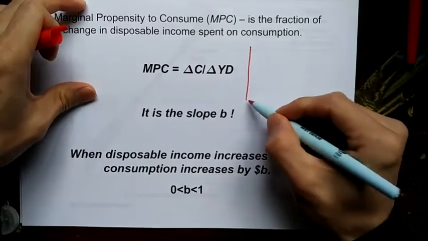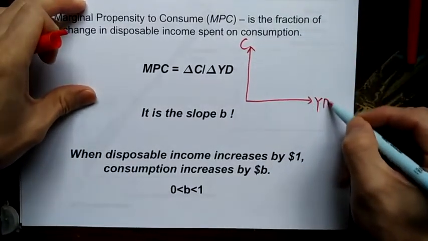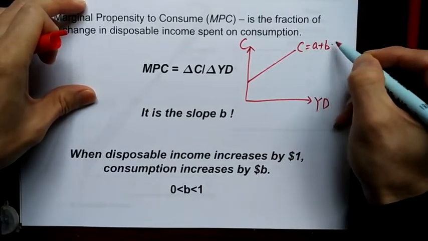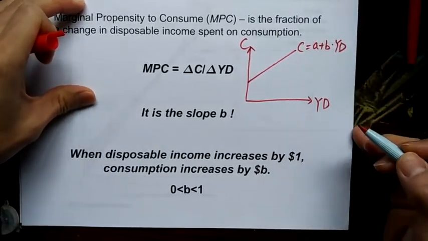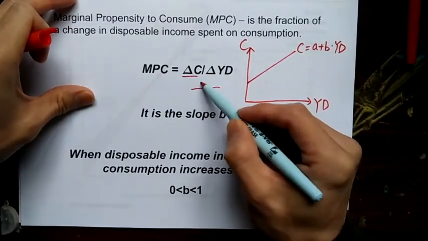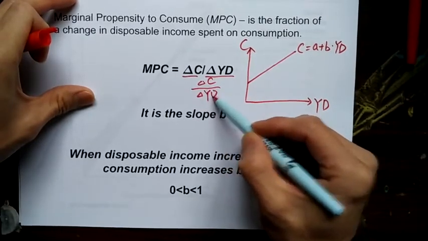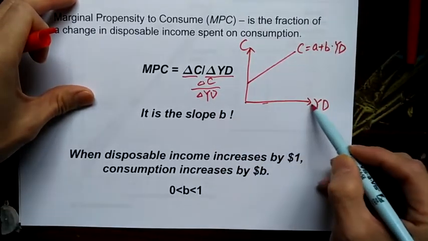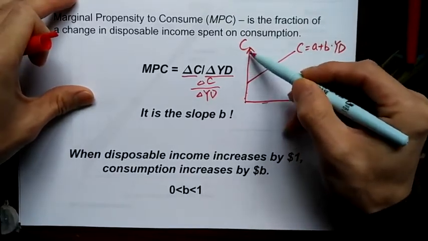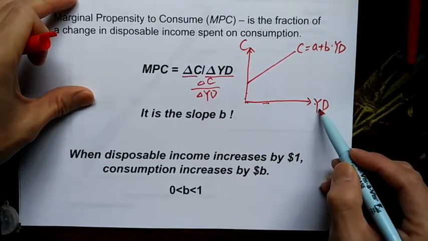If you look at the graph of the consumption function, change in C divided by change in YD. YD is the variable on the x-axis.